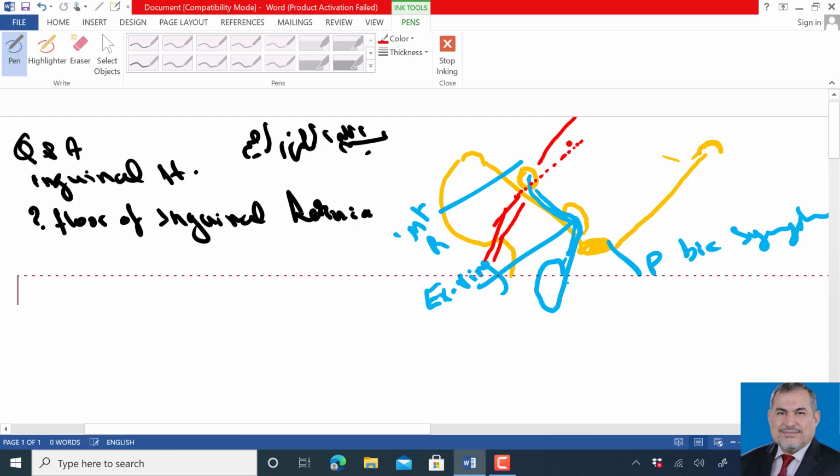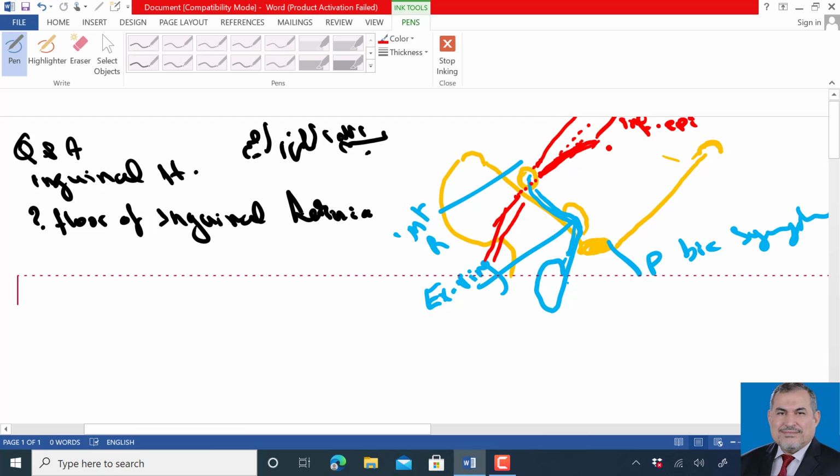This is external iliac artery, and this is inferior epigastric artery.